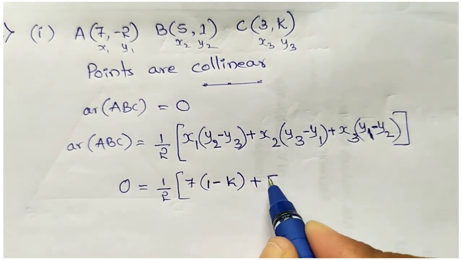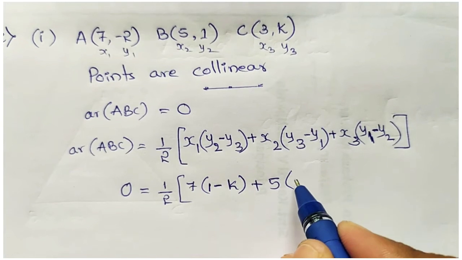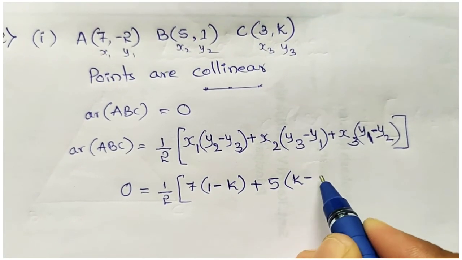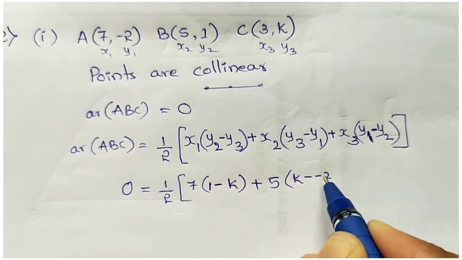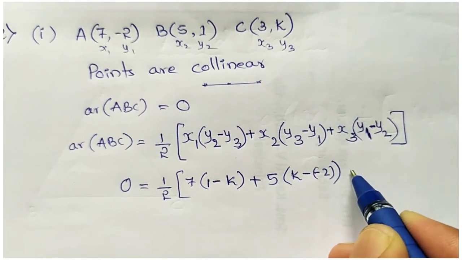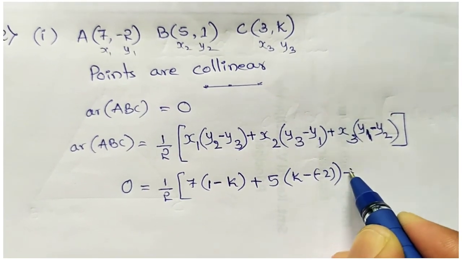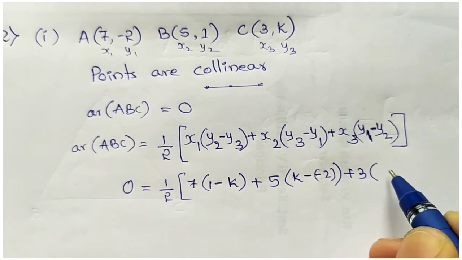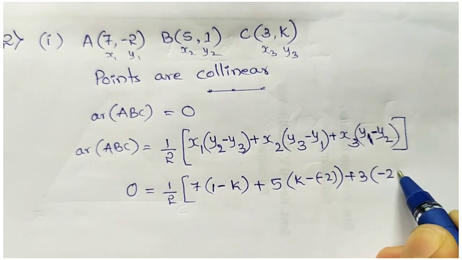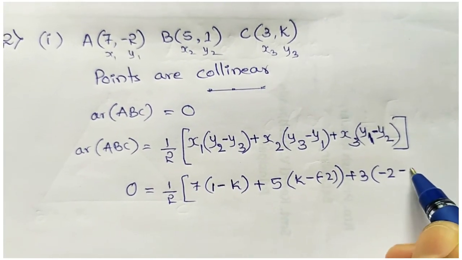Plus x2 is 5, y3 again k minus y1 which is minus 2, so minus of minus 2. x3 is 3, y1 is minus 2, y2 is 1.